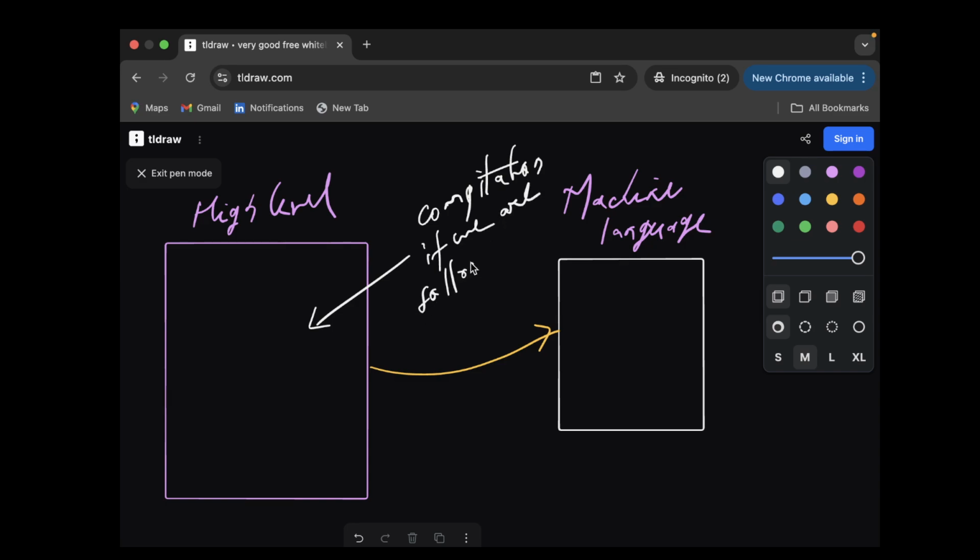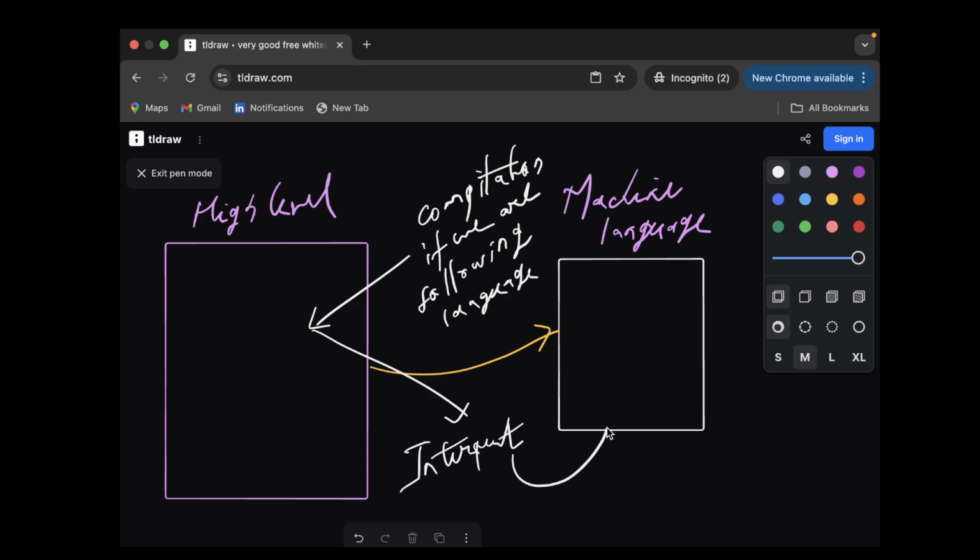Once that is done, we get our executable. After this compilation step, we do something called interpretation, or we generate the executable, right? This executable is nothing but 1 and 0 language.